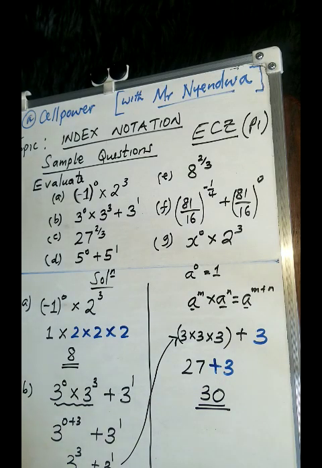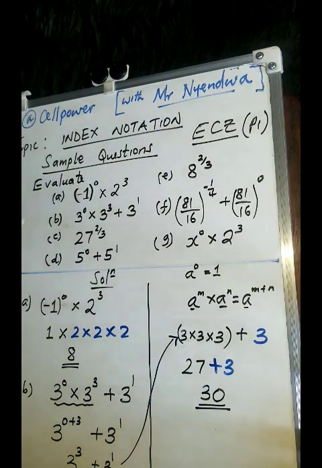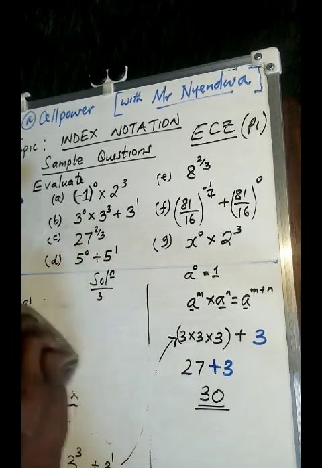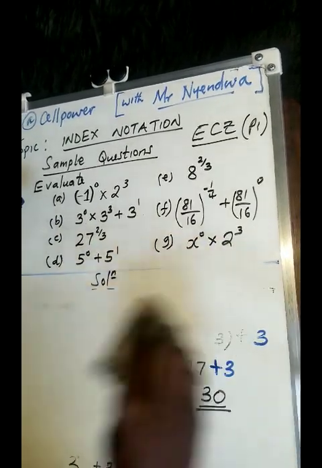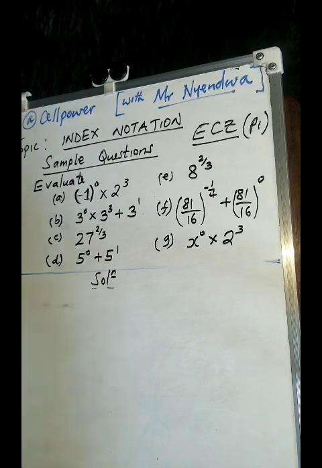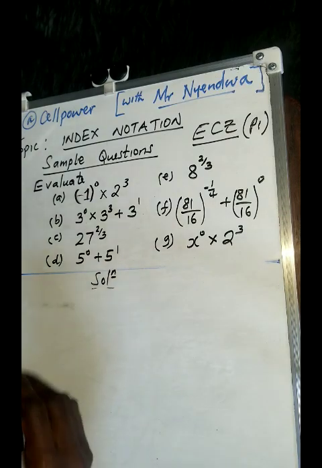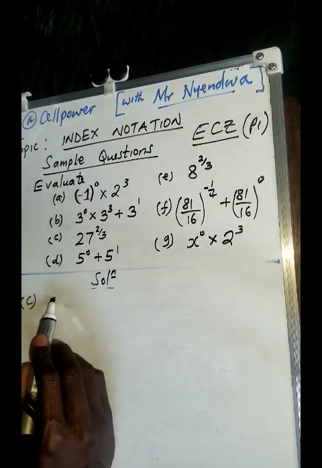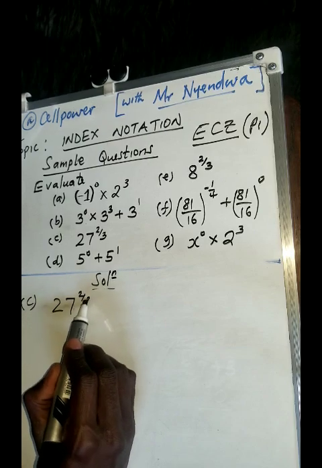So please, you should observe, it is not always that you're going to be using the laws of indices. Sometimes you can work them out individually so that you are able to get the solution to the question that they have given you. If you look at the C part, it says 27 raised to 2 over 3.